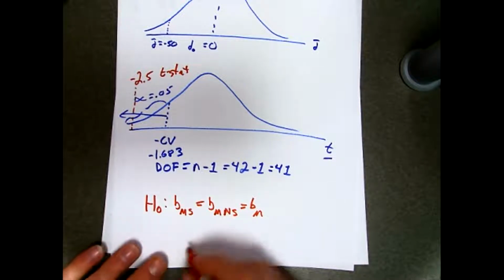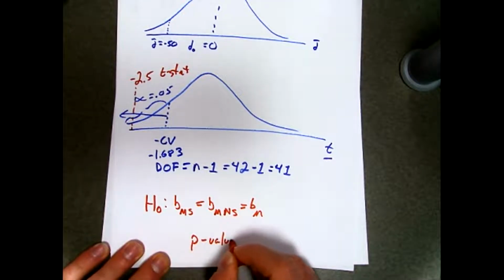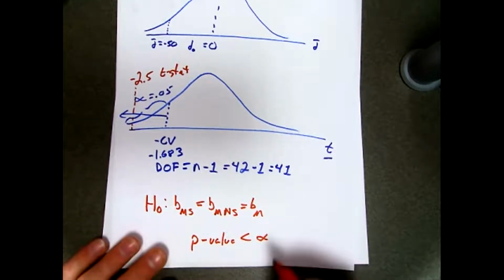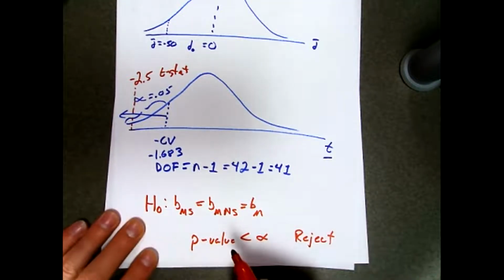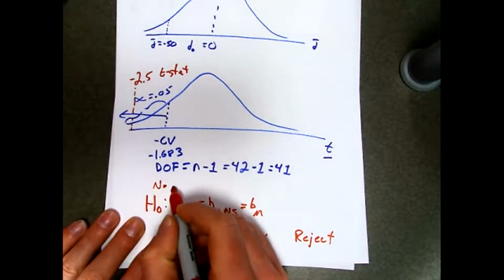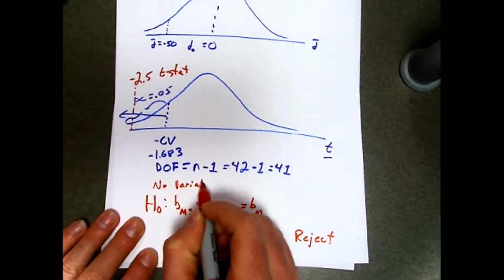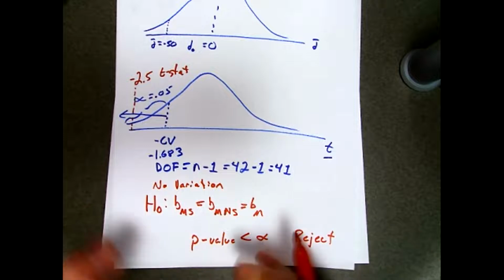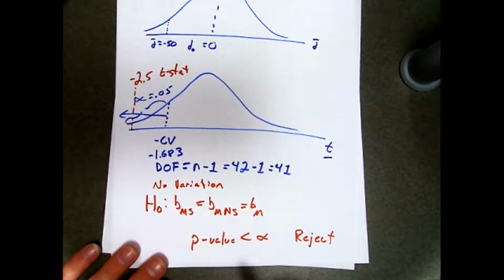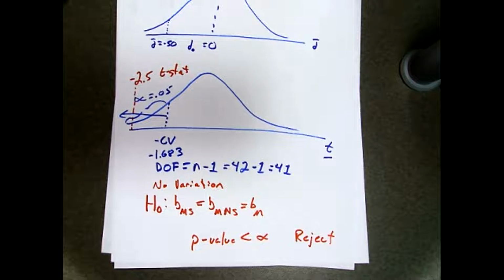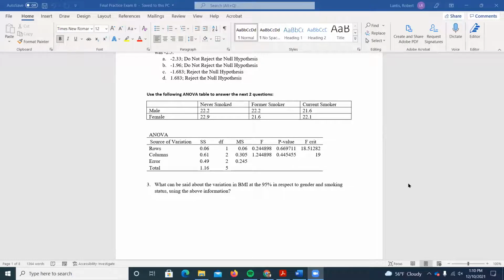If we get a p-value less than whatever alpha we've set, we can reject this null. Similar to our coefficients from linear regression, where the null was no relationship with the y, here the null is no variation. If we can reject that, we're saying there is variation. So if I look at this ANOVA output, what can I say about the variation in BMI with respect to gender and smoking status?